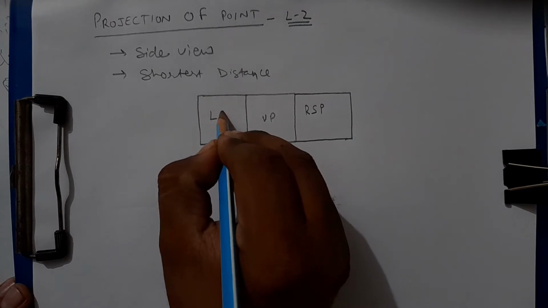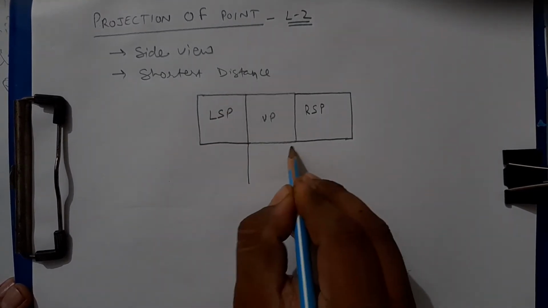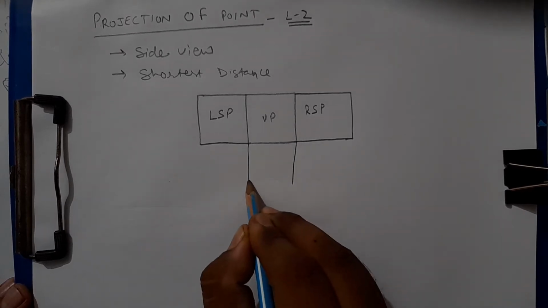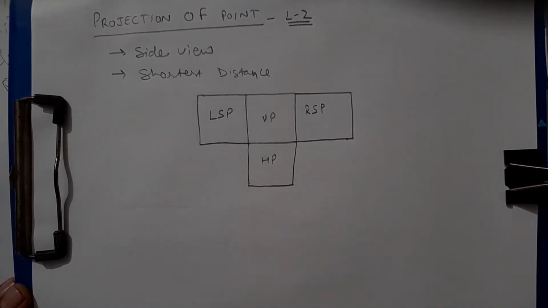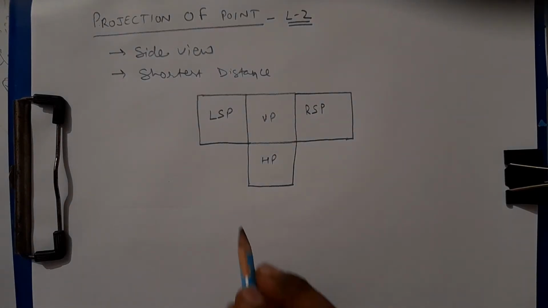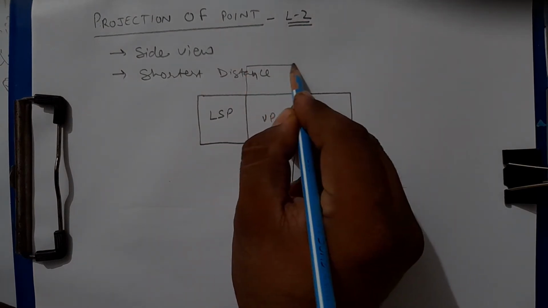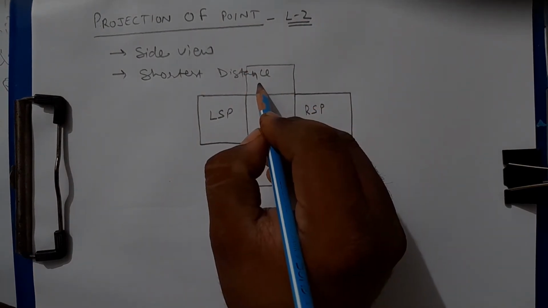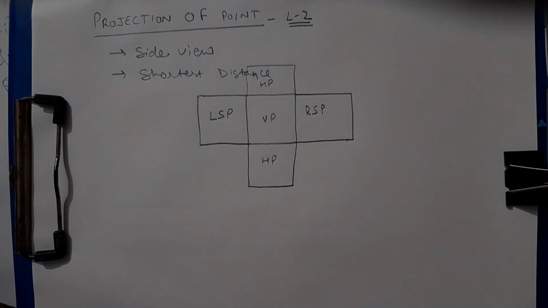Here we will be having the left side plane, and downward, where we will be getting the top view, is the horizontal plane. One more plane we can consider here, where we will be getting the bottom view. This is also a horizontal plane.